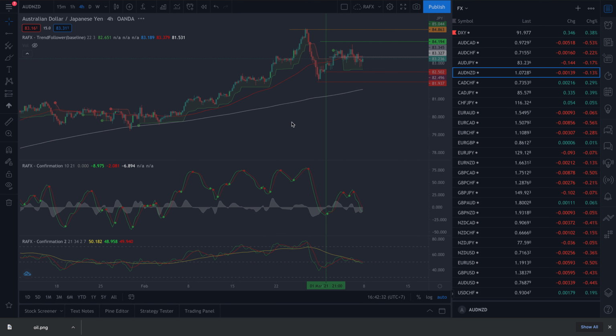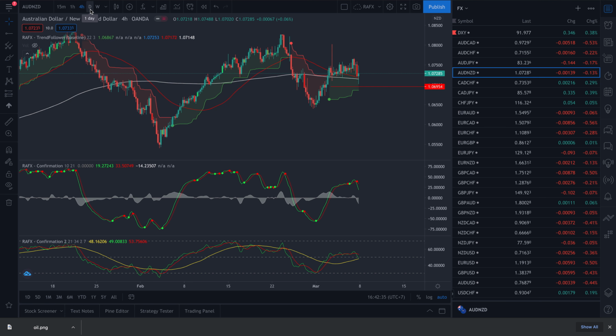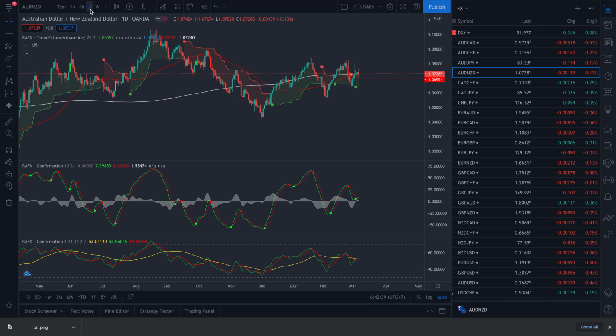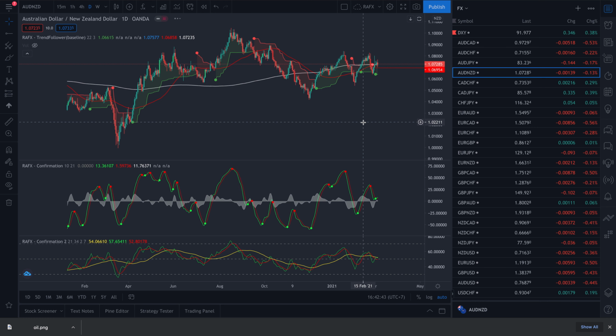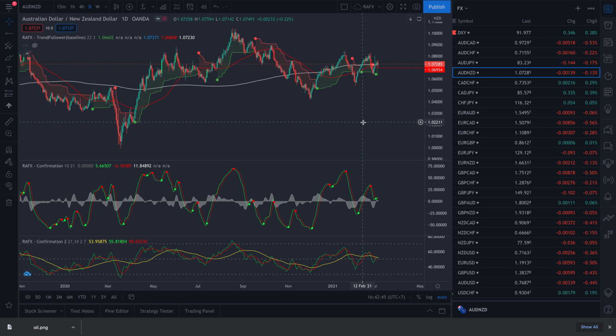So going to the next pair, the AUD NCD. In this case, you will notice that in the daily time frame, I don't like to trade this type of chart, because I can't determine the definite trend of the pair.